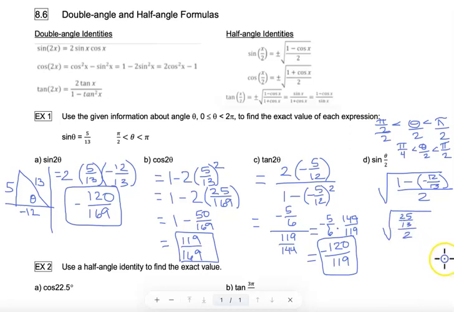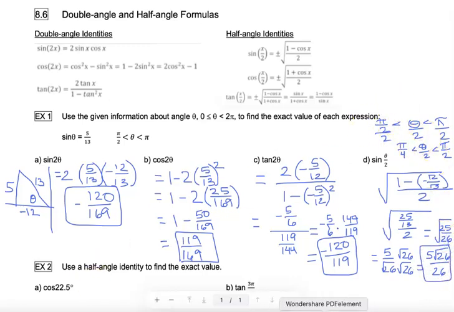And then dividing by 2. So this is really the square root of 25 over 26. For this one, I can simplify the radicals. Obviously the top is a perfect square. The bottom, it's 13 times 2, so it can't break down. But I do need to rationalize my denominator here. So that's going to give me 5 radical 26 over 26.